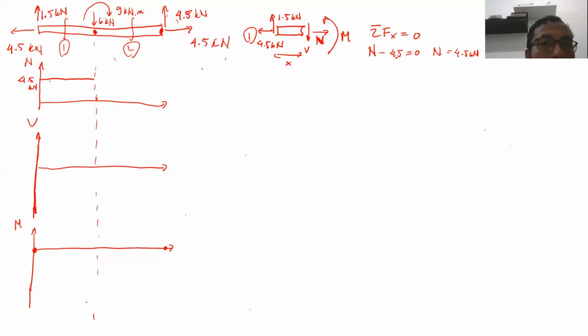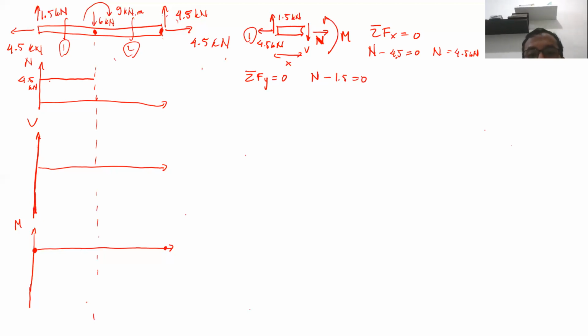Then using sigma Fy equal to 0, and going down is positive, what I will get there will be V minus 1.5 kilonewton equal to 0.